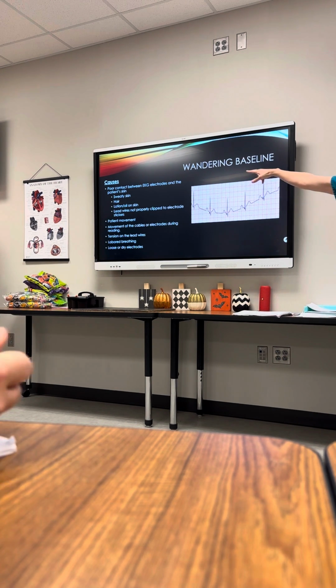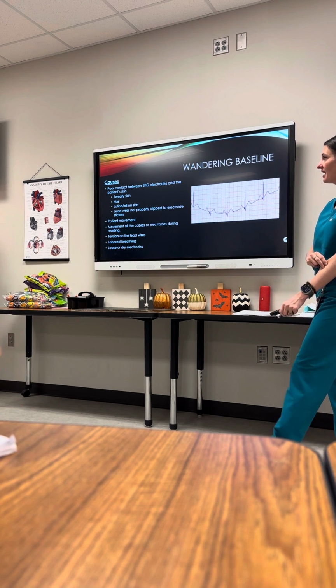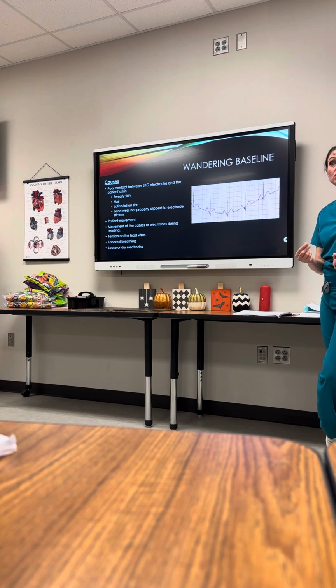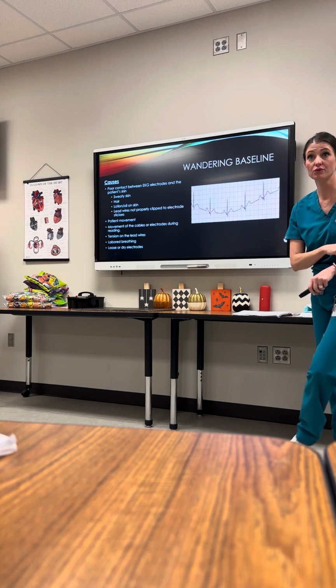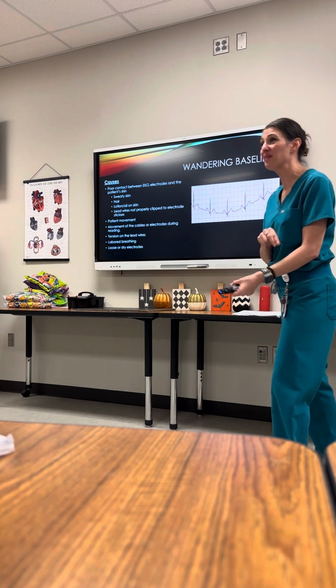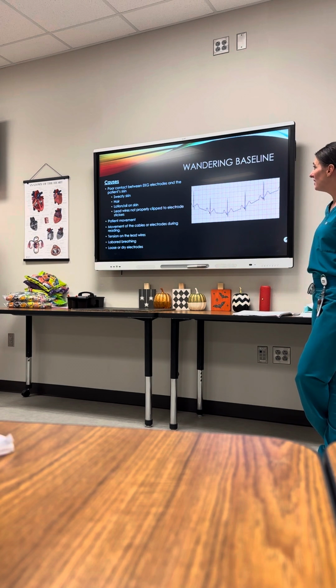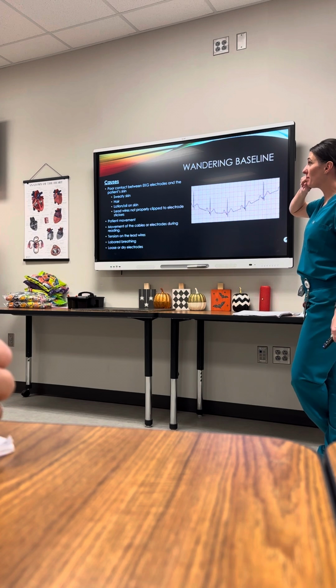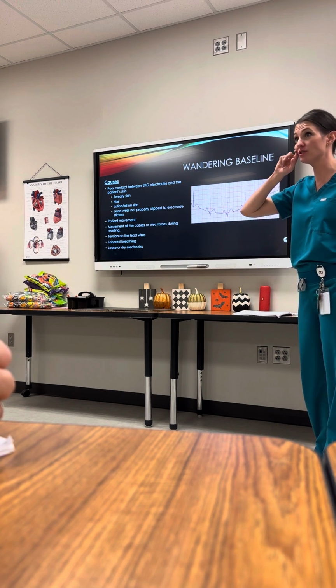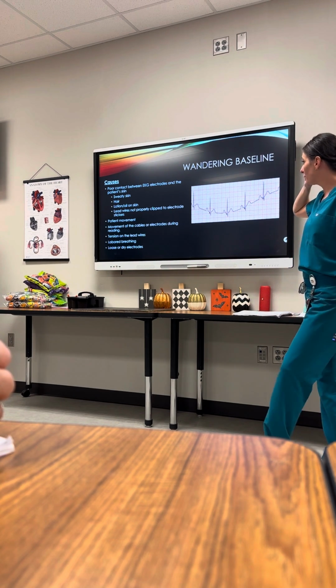Poor contact between the electrodes and the patient's skin. We've talked about different things that might cause that poor contact. So what do I want you to do when you're placing electrodes? Use an alcohol swab to clean the area where you're going to place the electrode. But sweaty skin, hair, lotion, or lead wires not properly clipped to the stickers could also be part of the issue.